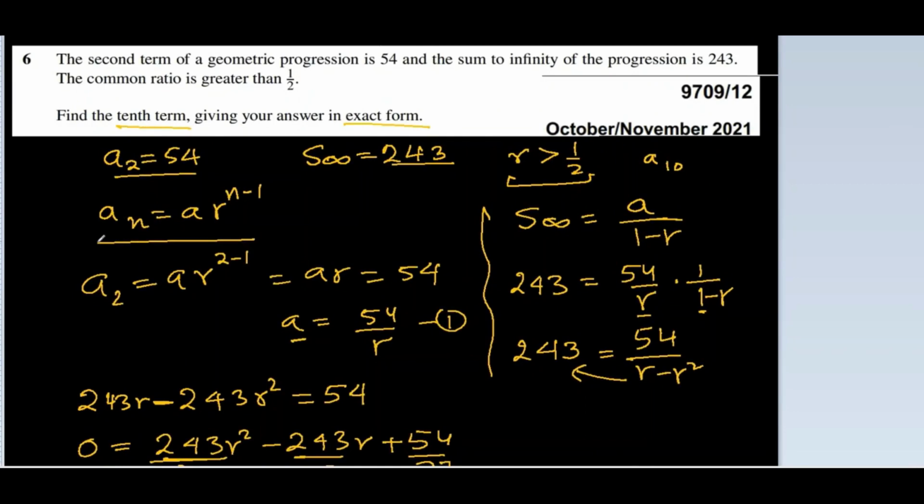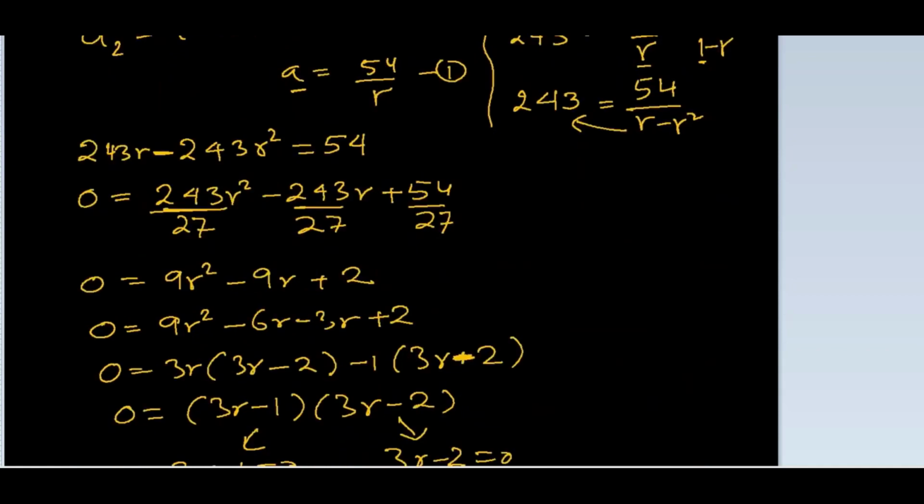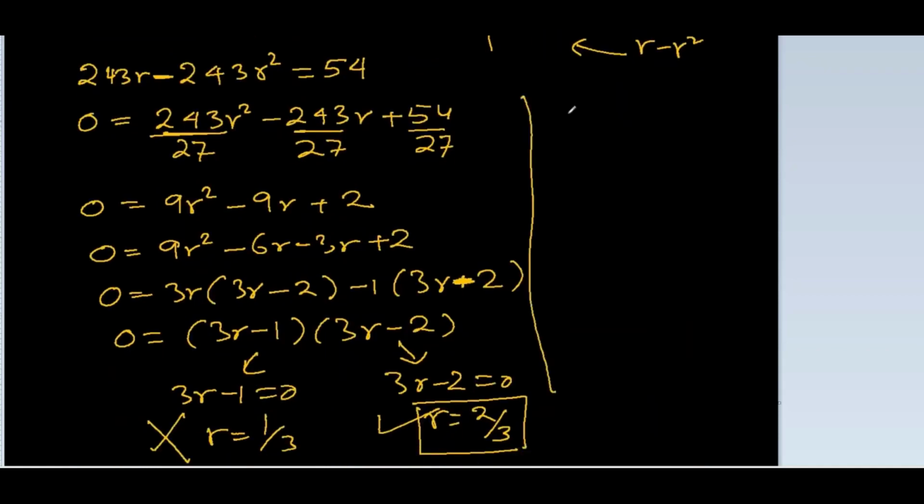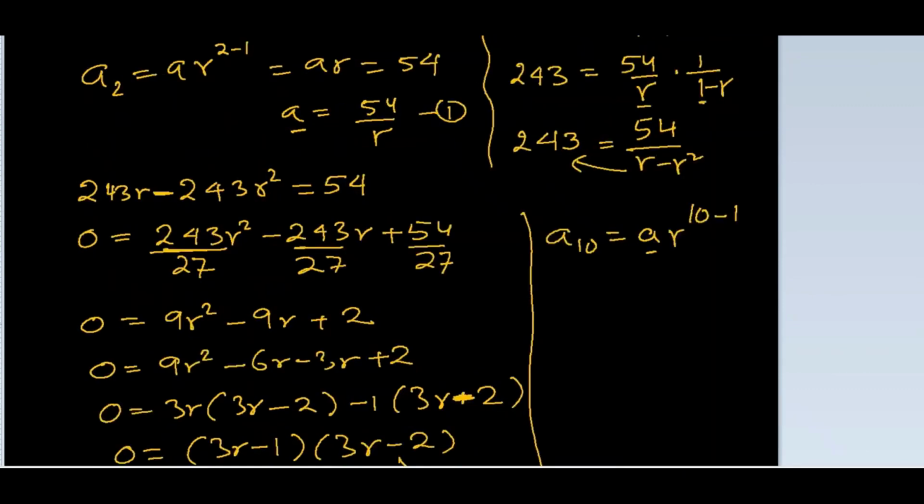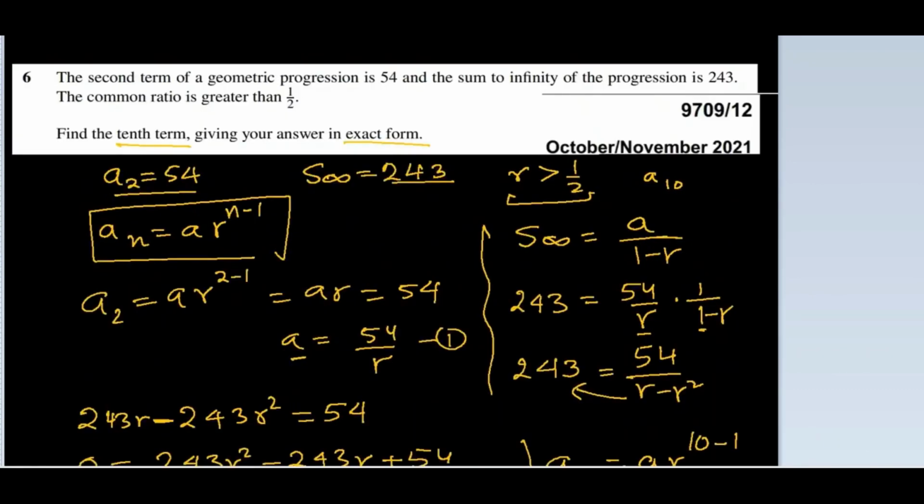So we use the same formula we started with, an equals a r to the power n minus 1. So a10 will be a r to the power 10 minus 1. So we don't know a. So let's find a with the help of the relationship we got from the first equation.